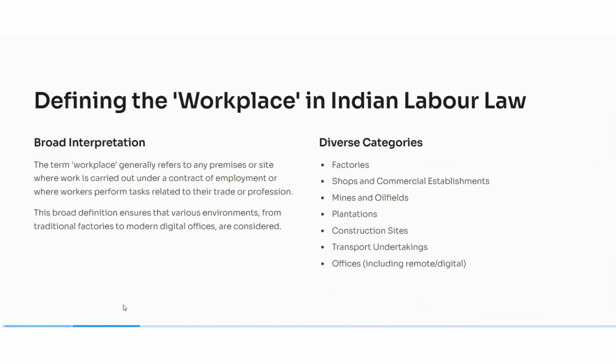This broad definition ensures that various environments, from traditional factories to modern digital offices, are considered. Diverse categories are there: factories, shops, commercial establishments, mines, oil fields, plantations, construction sites, transport undertakings, offices, including remote and digital.